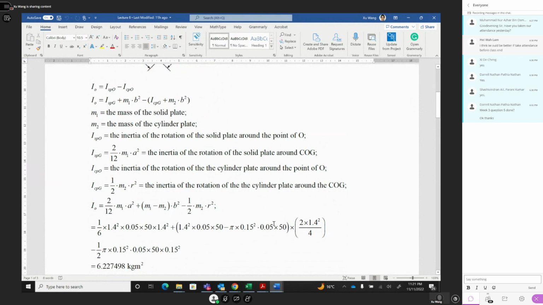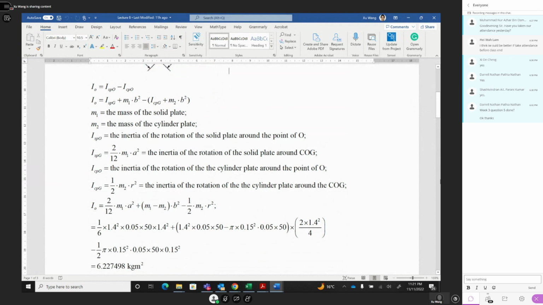This other part is the cut-off cylindrical material, whose mass equals pi r square multiplied by the thickness, the cylindrical volume, multiplied by the density, which becomes m2. Then m1 minus m2.